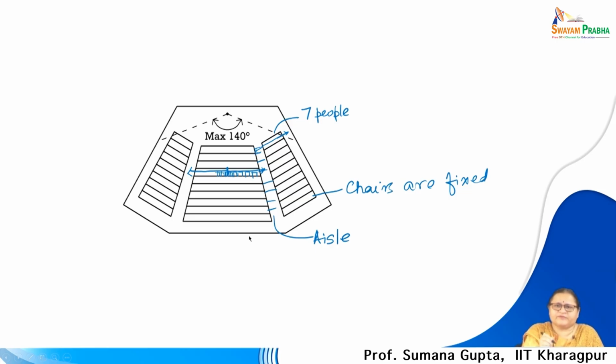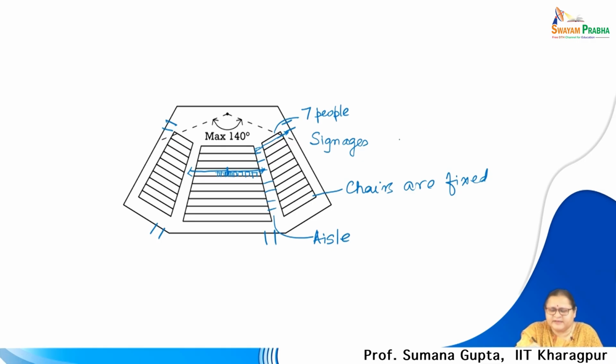As I told you, if the capacity is beyond 1000, there should be minimum 4 exit routes, and they should have signages for their going out.